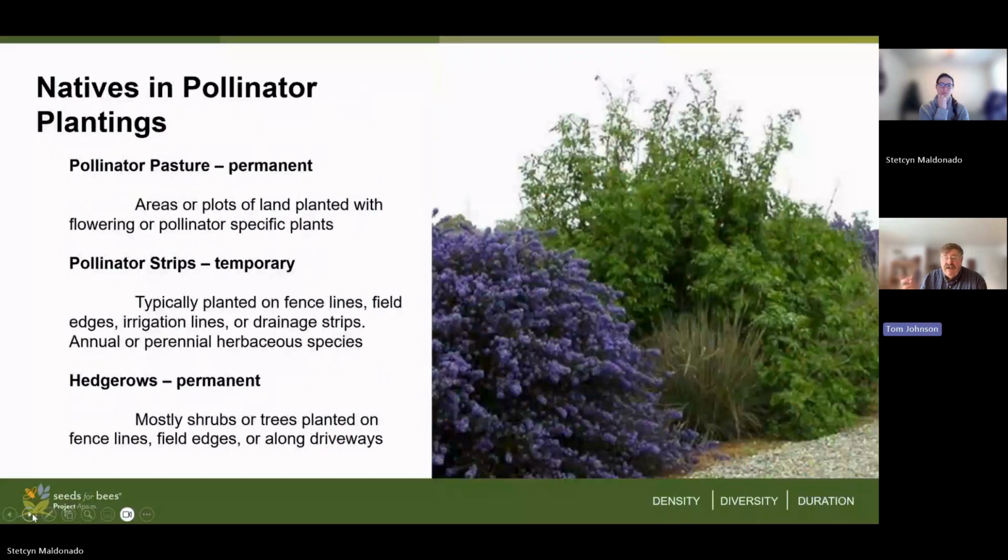The pastures and strips, a lot of times people interchange the term, but I would call a strip a temporary implementation. So that's going to be fence lines, those non-traveled, non-worked up areas that aren't going to be there forever.